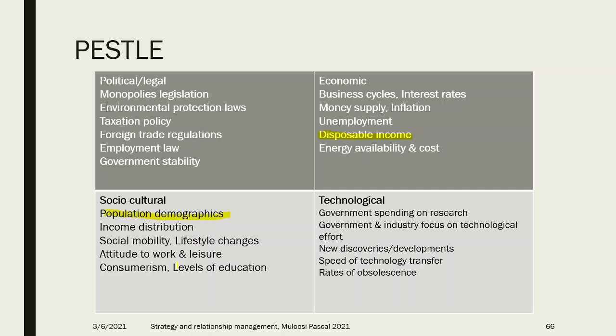Consumerism is very important, yes, because if people are not consuming, then businesses are not making money. But we know consumerism is determined by income, disposable income, employment, education, also very important. Your market, how educated are they?